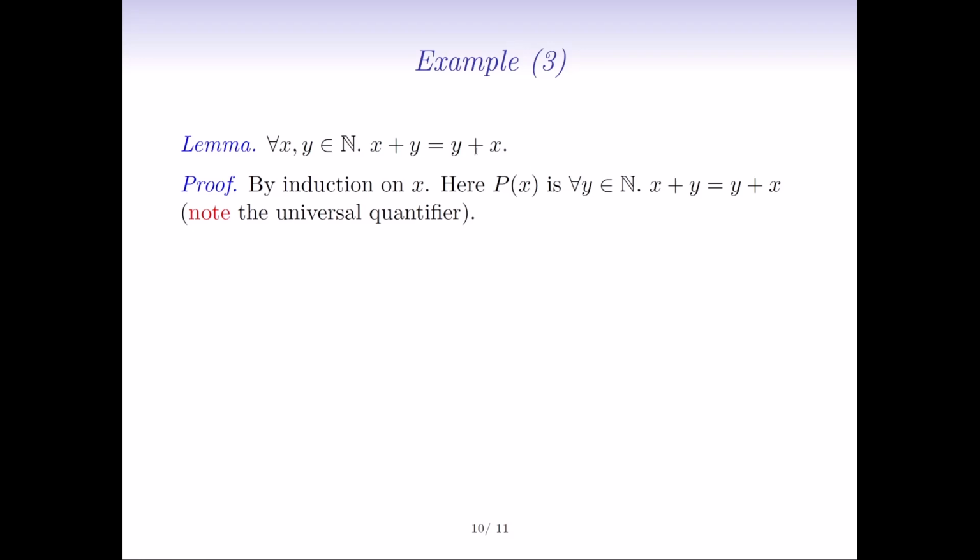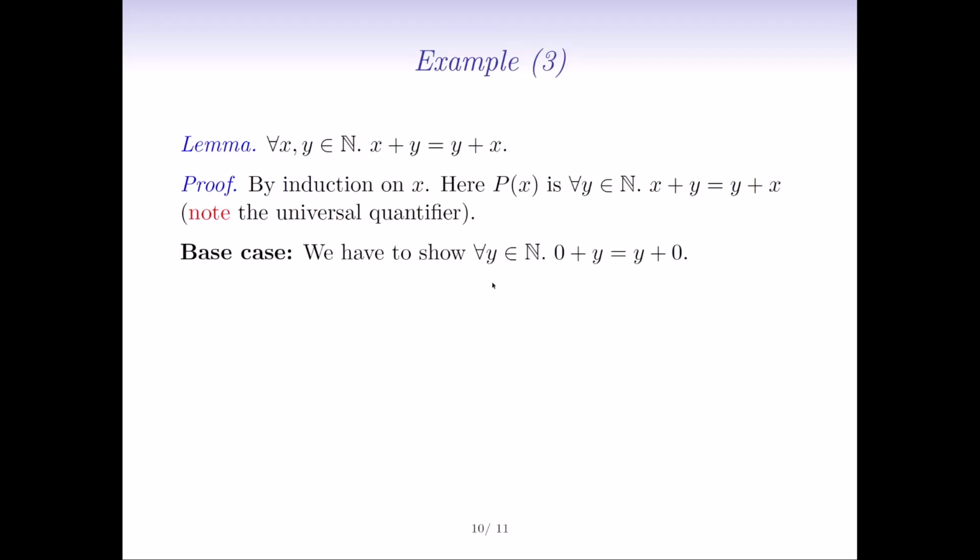So if I strip the x quantifier off this statement, I still have a universal quantifier over y. So p of x is the property that for all y, x plus y equals y plus x. So again, just the lemma statement. And you can see that if I can show this for all x, p of x, then I'll get back exactly this lemma statement.